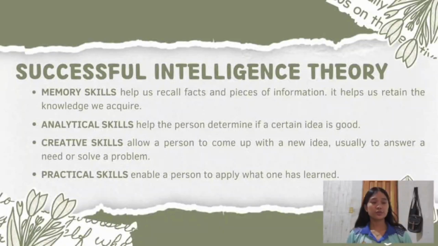So the short-term memory is the ability to store information in a short period of time. For example, remembering a phone number until you write it down. So the second one is the long-term memory where information is stored for a long time, like your name, address, and important events in your life.